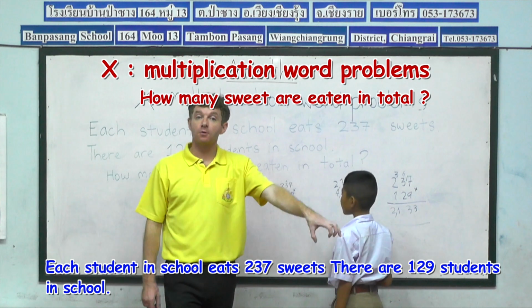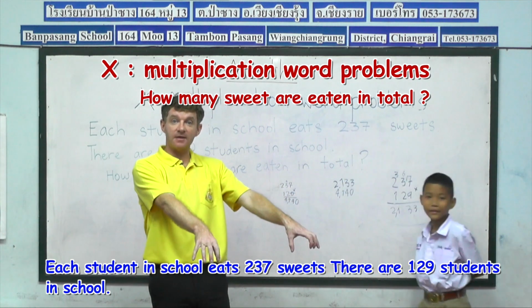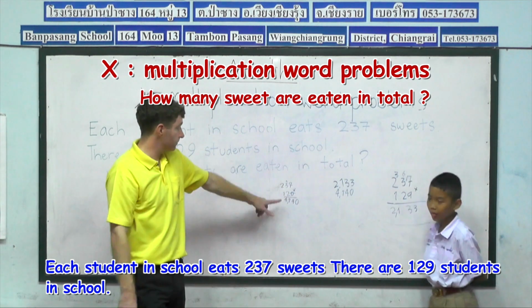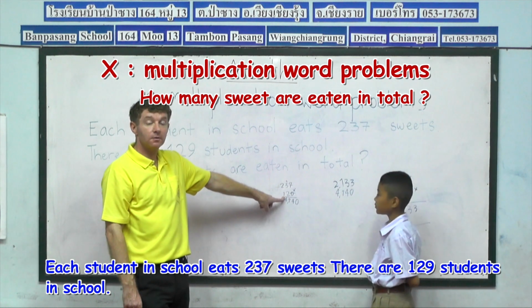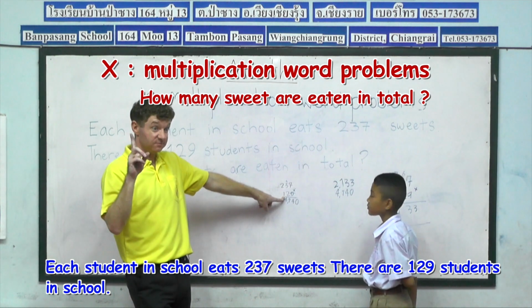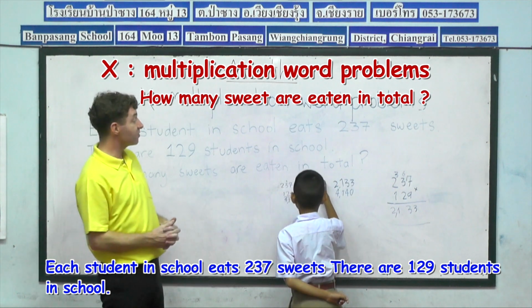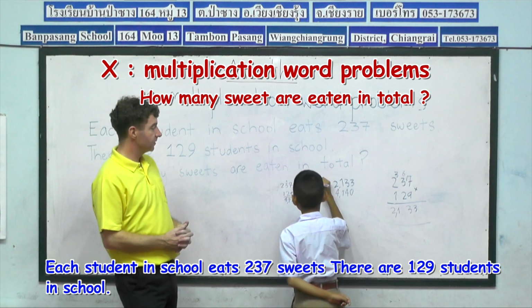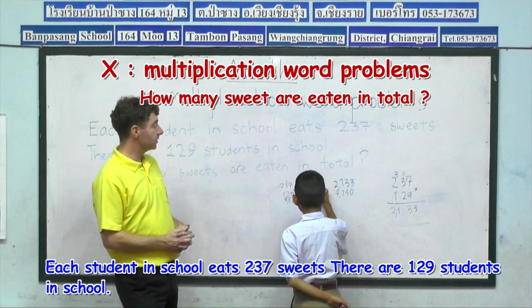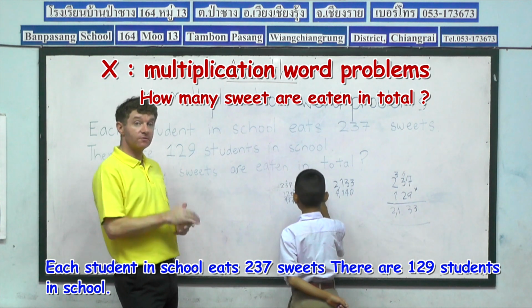So now we've done the ones, now we've done the tens, now it's time for hundreds. How many hundreds do we have? 1. So 237 multiplied by 100.